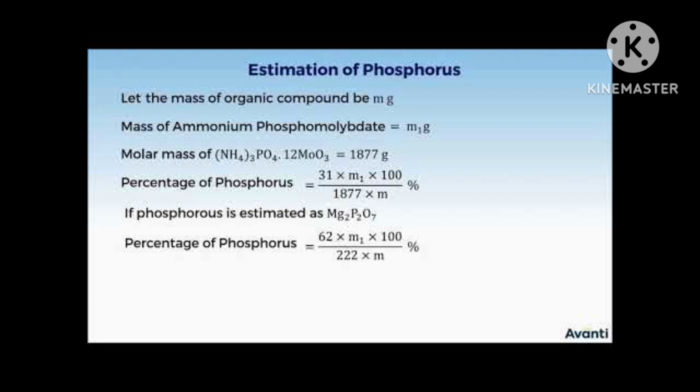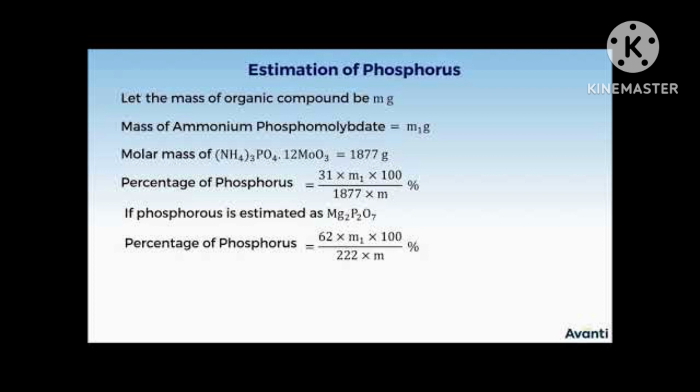Now in the formula you put these things, 100 divided by M is there. That M is the organic compound mass, given as 0.157. Then for the percentage, Z already calculated, Z into 100 divided by M, where M is the organic compound.